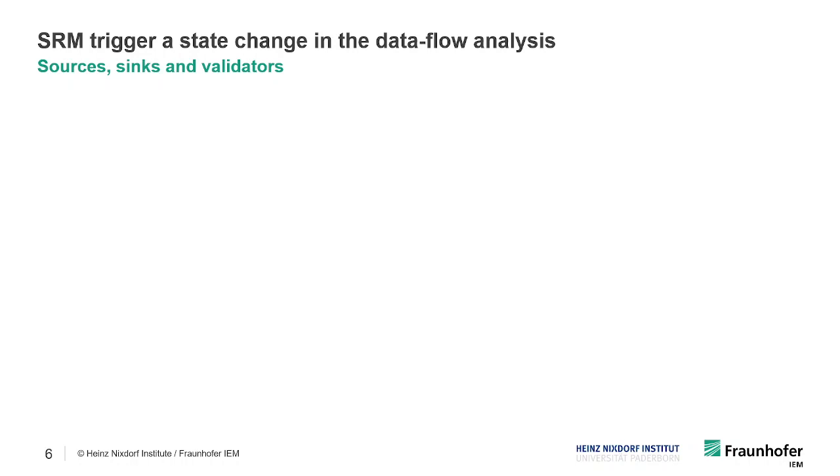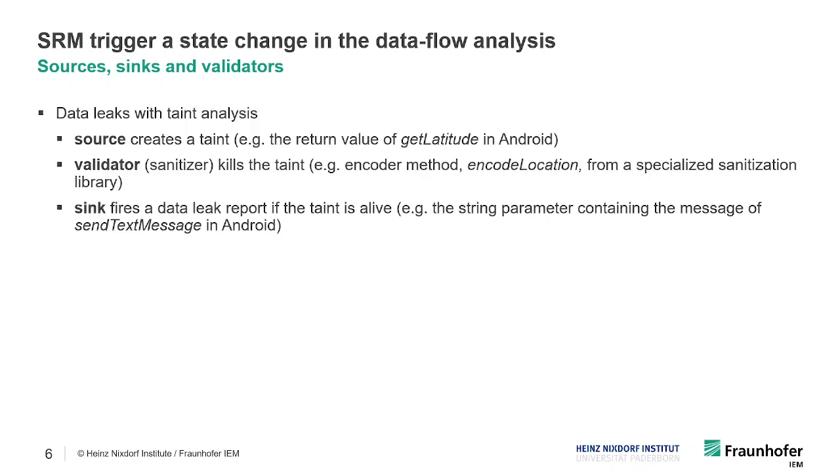So we are going to see again data leaks in taint analysis. As we saw from the examples before, a typical source will create a taint. This means the analysis is changing its state to a tainted state.